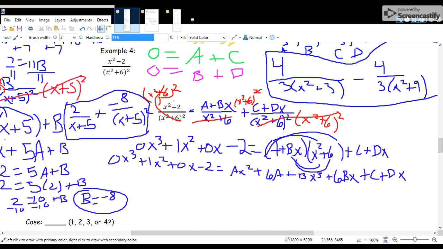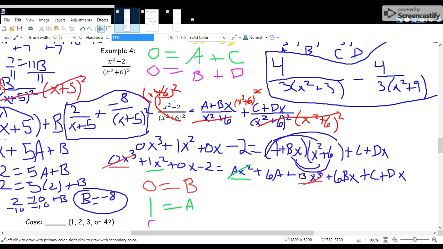So from here we can set up our system of 4 equations. Let's do our cubes first. So x cubed. So we have 0 equals b. And we're done with that one. Okay, let's do our x squared. So 1 equals a, and that's it.